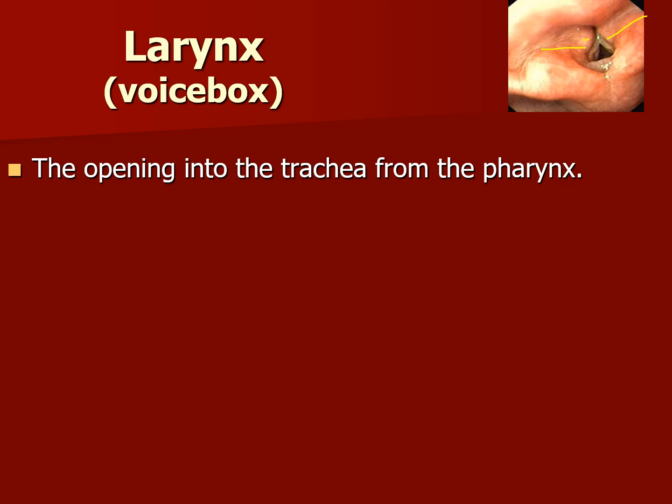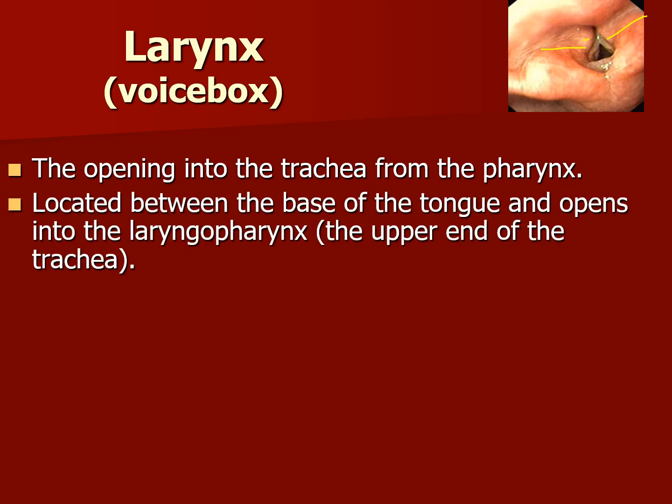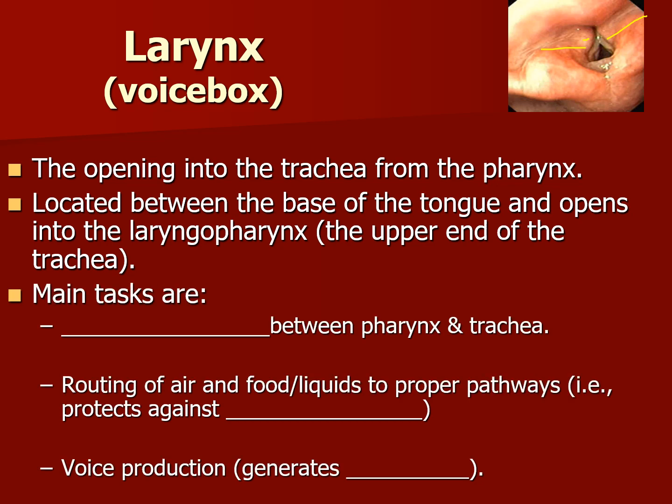This is the opening into the trachea from the pharynx, right? This is from the laryngopharynx. It's located between the base of the tongue and the laryngopharynx, the upper end of the trachea overall. So the main task of this is it's an air passage between the pharynx and the trachea. So this should say air passage between the pharynx and the trachea.